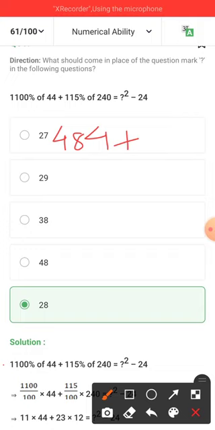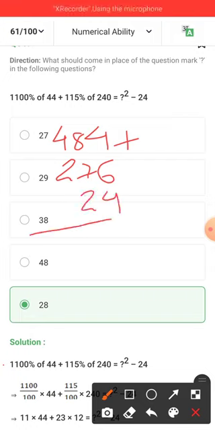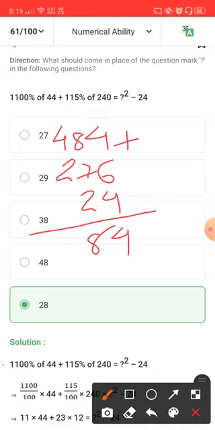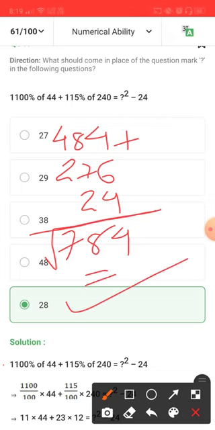Then 10% is 24. 240 plus 24 is 264, plus 12, 276.